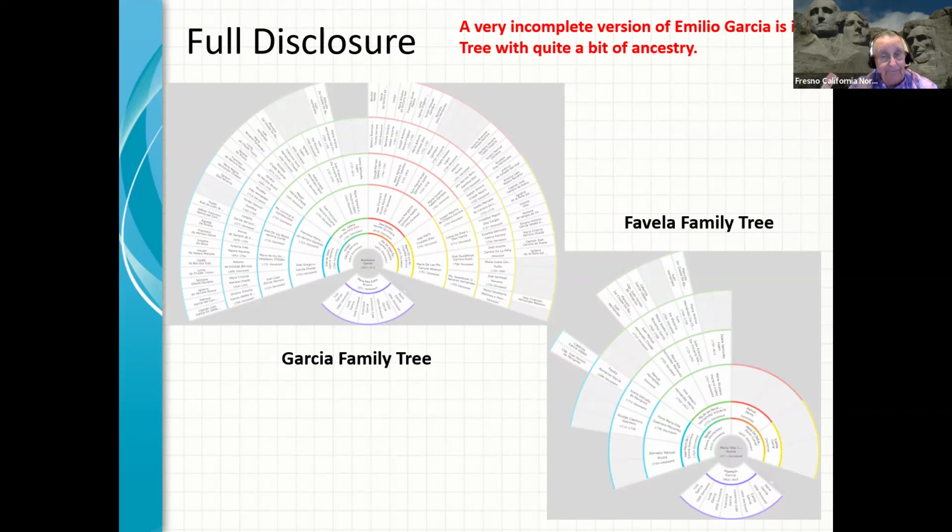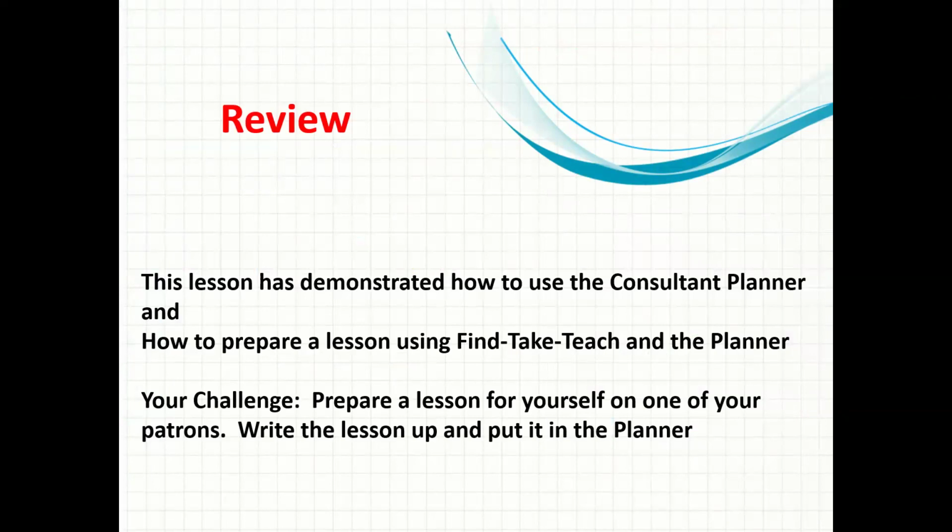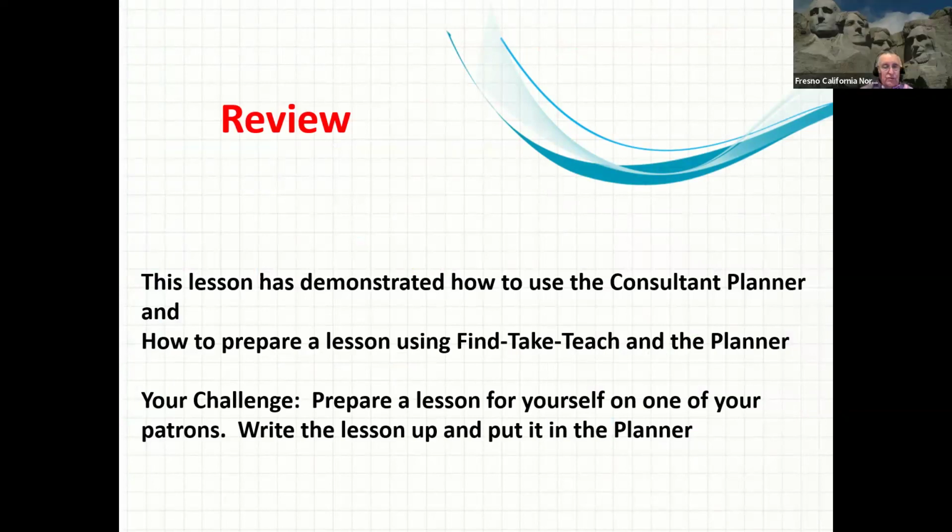I got very lucky. Okay, so in review, this lesson's demonstrated how to use that consultant planner to help you plan the lesson. Your challenge, if you've never done one of these before, would be to try one out on yourself.